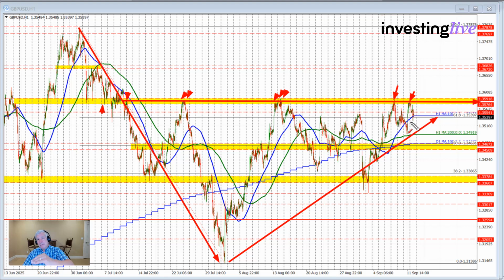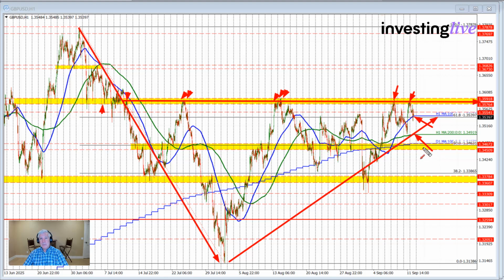That could give the sellers a reason to sell if the price can get and stay below the 100-hour moving average. If we can do that, then we could see some further liquidation on not only the ceiling holding, but the price breaking back below the moving averages.